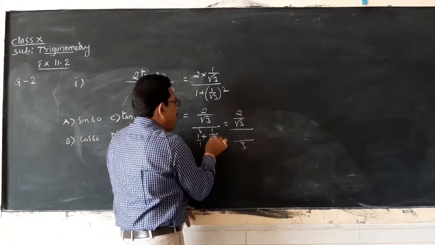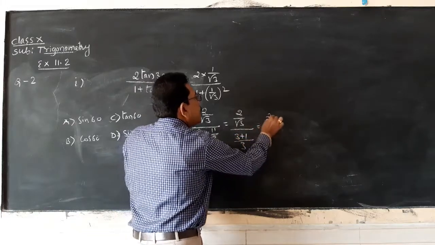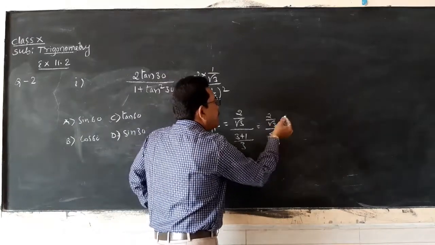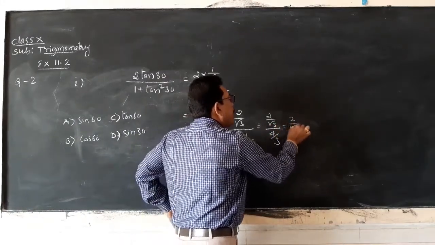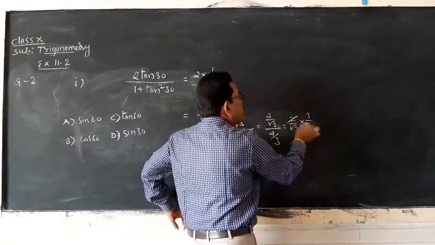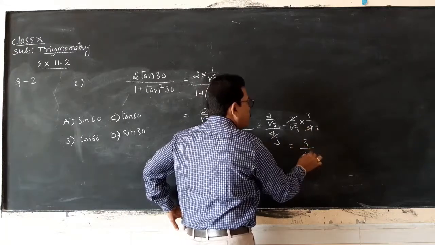1 3s are 3, 1s are 3, plus 1, that is 2 by root 3 whole divided by 4 by 3. Okay, 2 by root 3 into 3 by 4. 2 ones are 2, 2 twos are 4, that is 3 divided by 2 root 3.